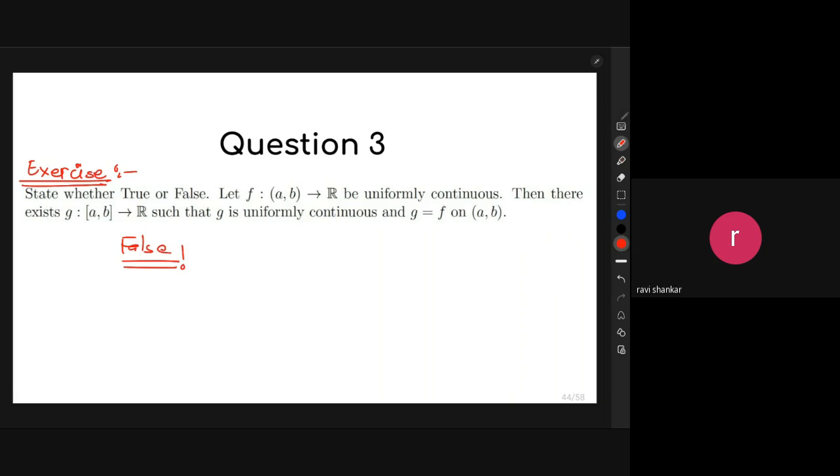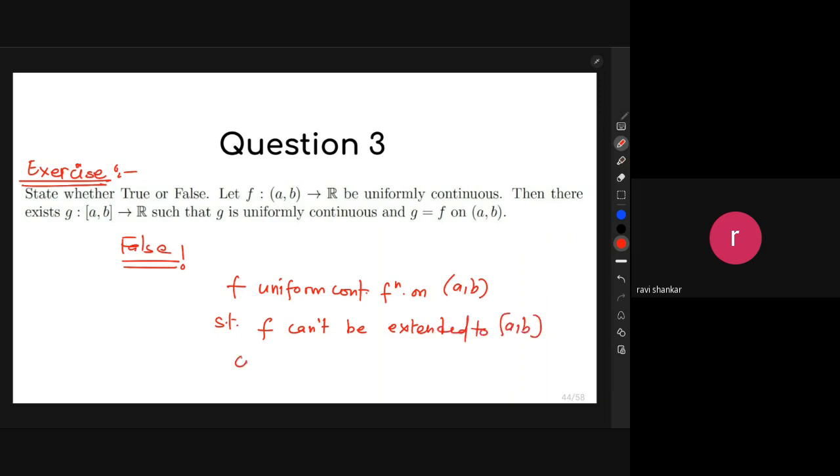This is the hint I am giving you: you need to come up with an example of a uniformly continuous function on an open interval (a, b) such that f can't be extended uniformly. I leave this as an exercise for you to think about.